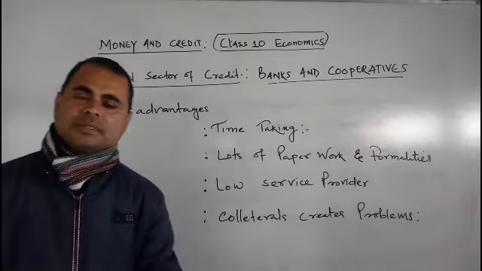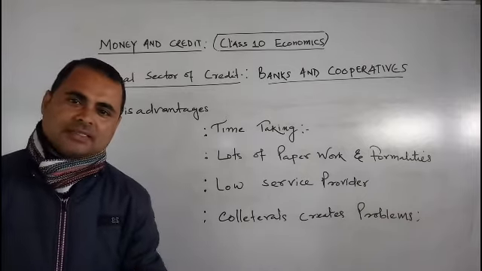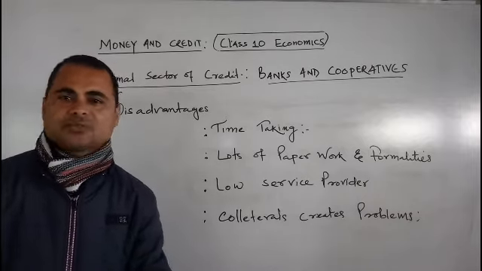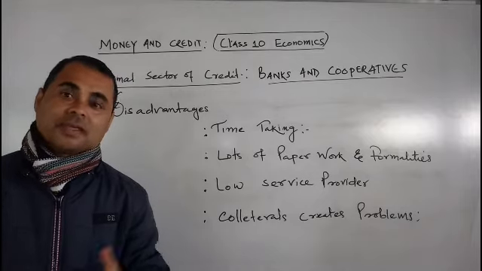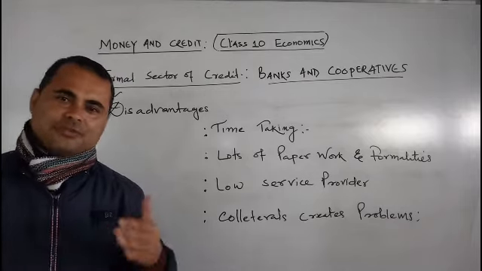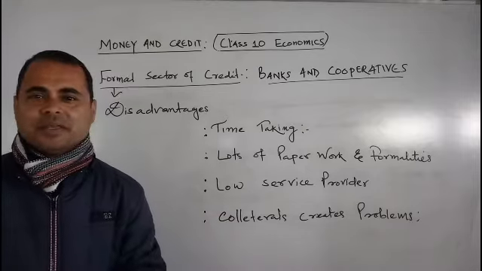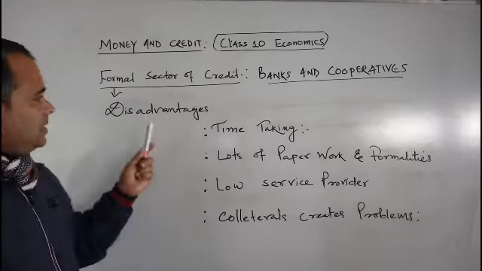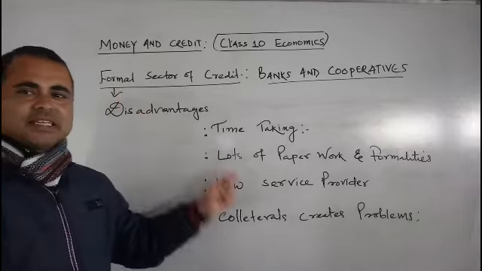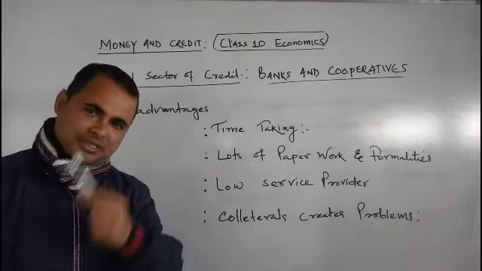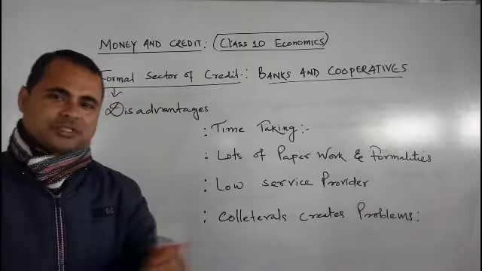You go to the informal sector and in urgency you just ask for some financial assistance from any of your friends or relatives, their trust works, and within no time you will be given a loan. But the disadvantage of formal sectors of credit is that it is time taking. It needs to go through lots of proceedings.